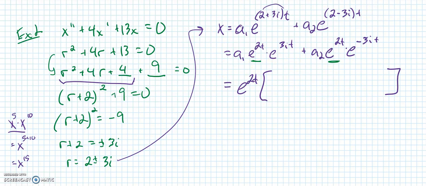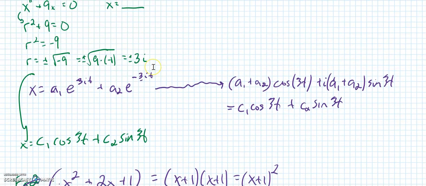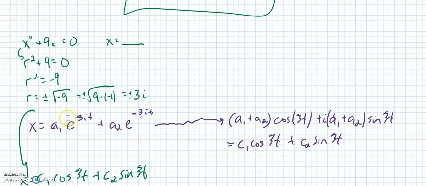Well, I would need a1 e to the 3it plus a2 e to the negative 3it. Now what I want you to recognize is that this is exactly the same as what I had up here: a1 e to the 3it plus a2 e to the negative 3it.